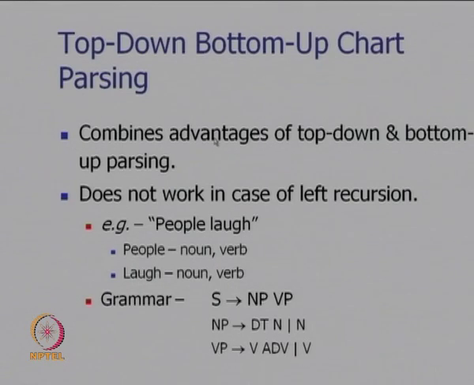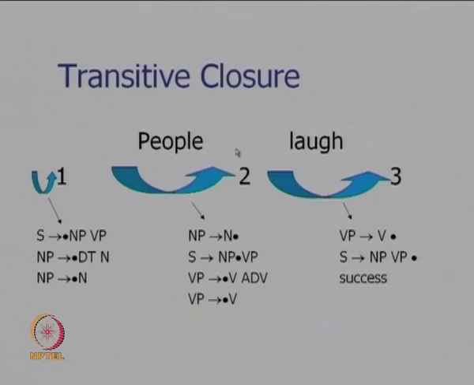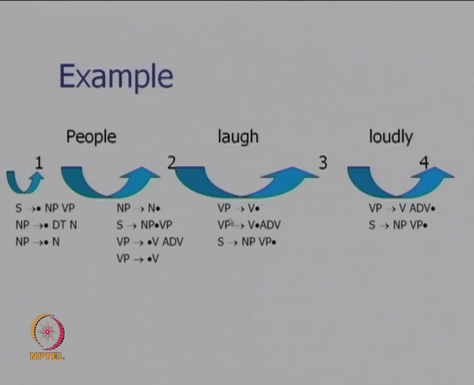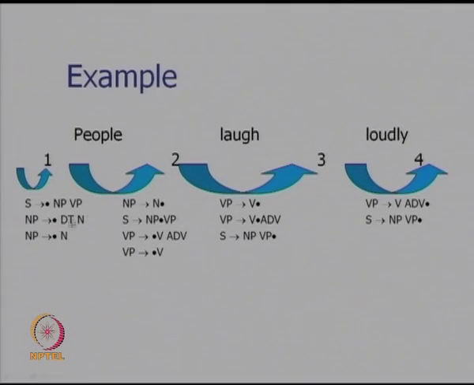So, just to recapitulate the top down bottom up parsing, we said that when we have a sentence like people laugh loudly, we first have the transitive closure of the non-terminal in front of dot. So, NP expanded to DT N and N, thereby exposing DT and N. Since we have to look for a noun or a DT, we find a noun here in people, and that finishes the noun phrase.